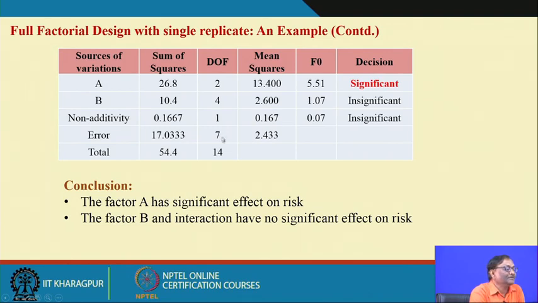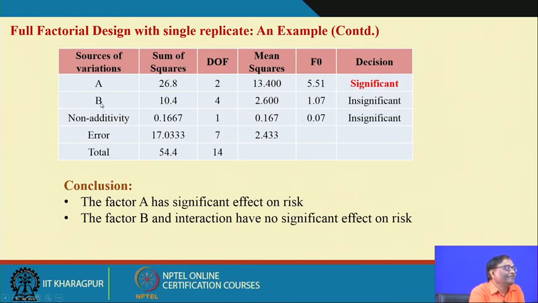So, this divided by this value is 0.07. It is an insignificant value, because if you compare this with the theoretical value like F(1,7) at alpha equal to 0.05, it will be much more than 0.07.